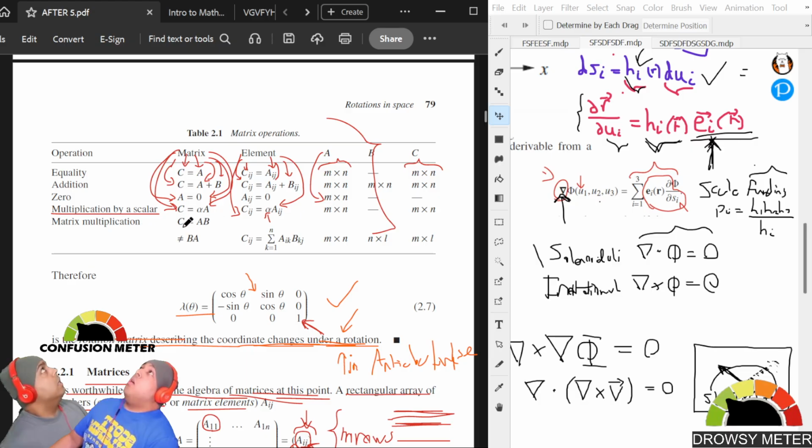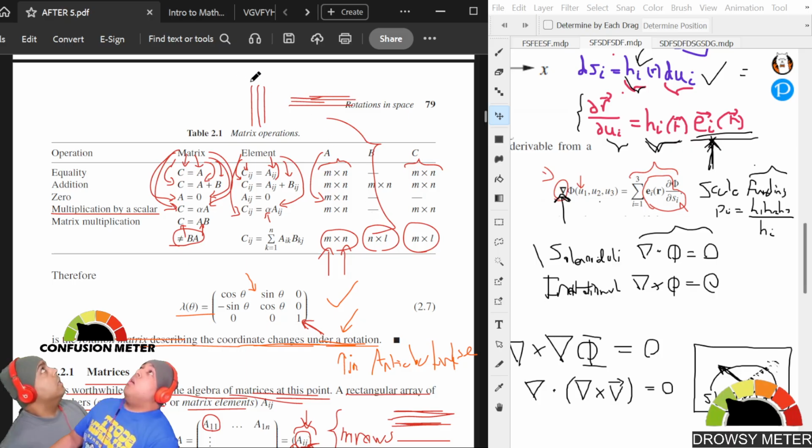Matrix multiplication. C equals AB and cannot be BA. A is m times n, B is n times L, and C is m times L. Rows times columns. So in order for matrix multiplication, A needs to have the same number of columns as B has rows.